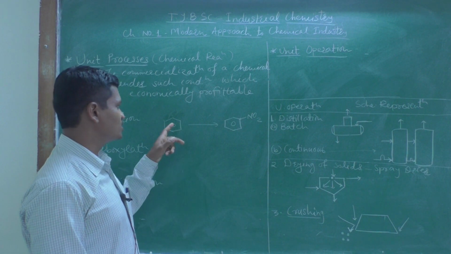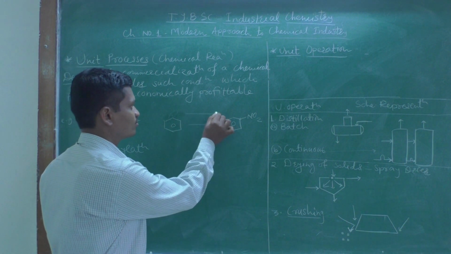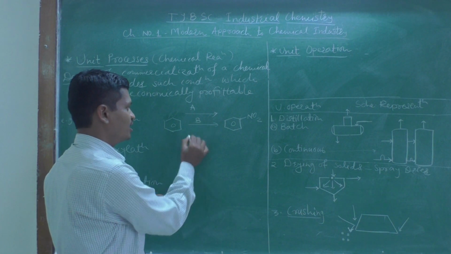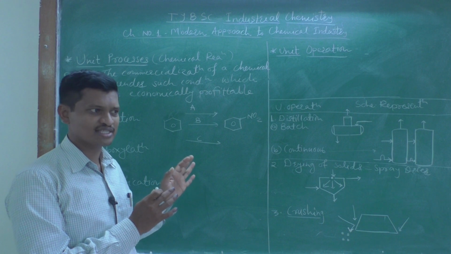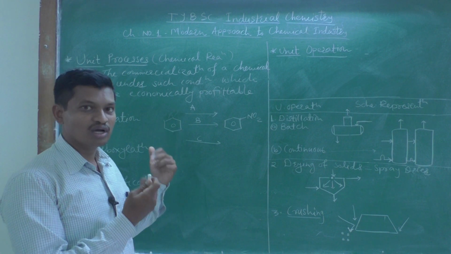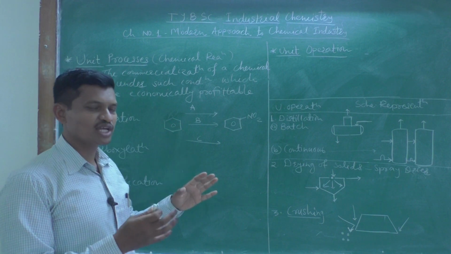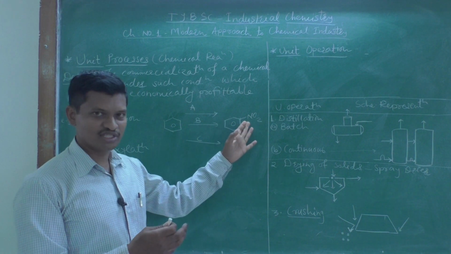We can convert this benzene into nitrobenzene by method A, or by method B, or by method C. This is only an example. We have to learn what is meant by the unit process. Suppose there are three methods by which we can convert benzene into nitrobenzene.